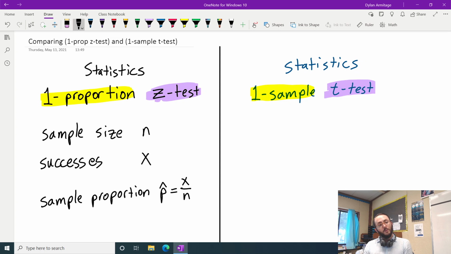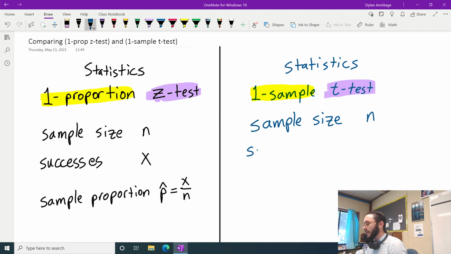Now compare that with the one sample t-test. We do have a sample size, and we still use n for that. But rather than a number of successes, we have the actual data.